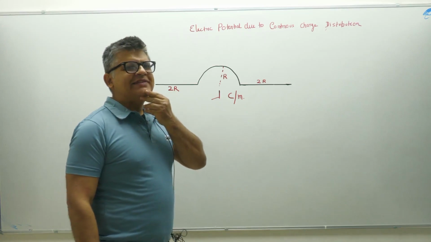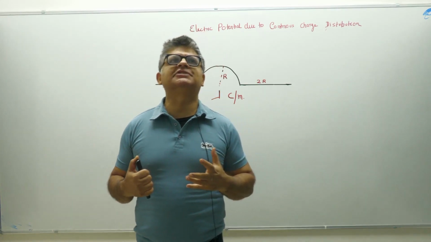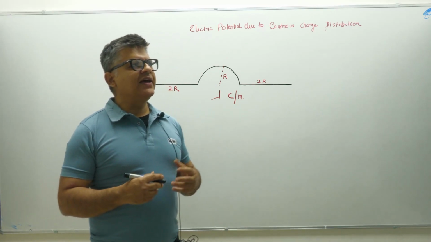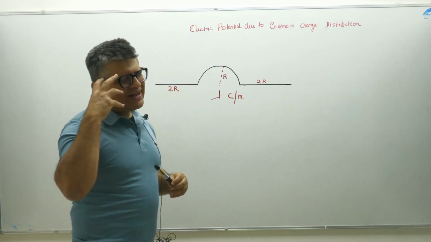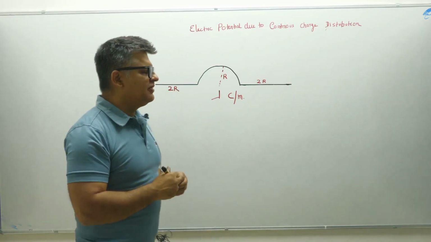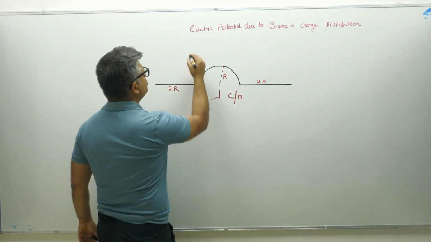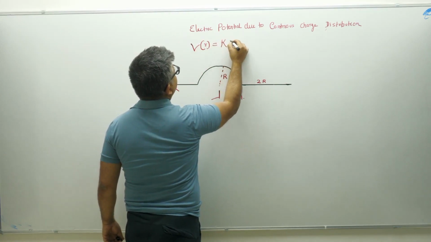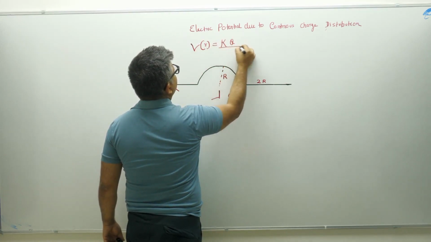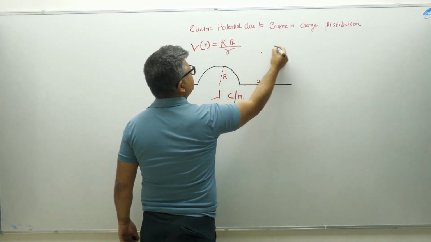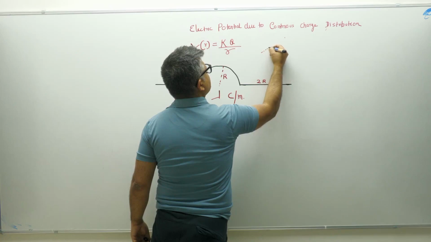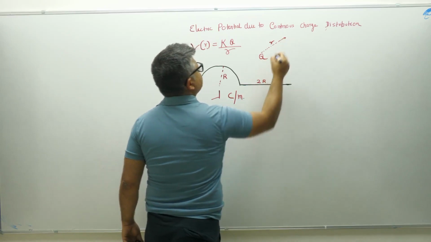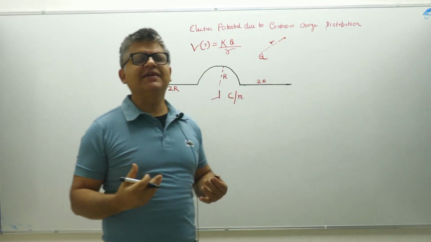Well, let's see the concept. Let's do the process of conceptualization. Generally, when you get a question on potential, the first thing that comes to my mind is the simplistic potential I know, which is due to a point charge, given by V = KQ/R, at a distance R. This is the simplest thing that comes to mind.